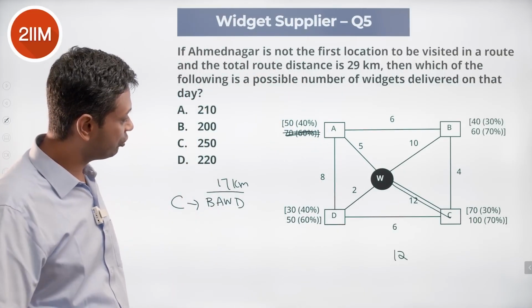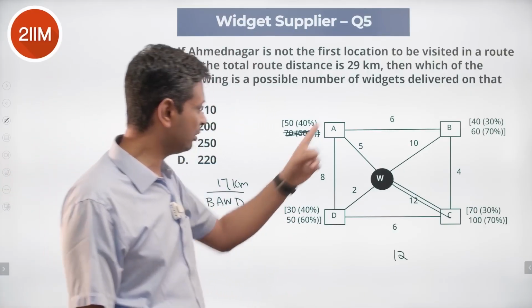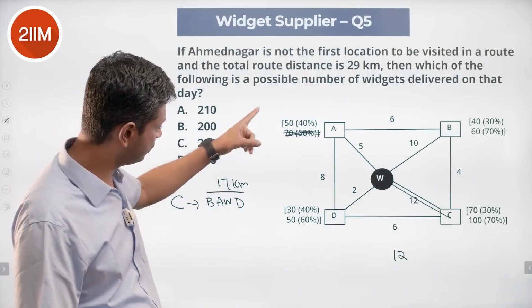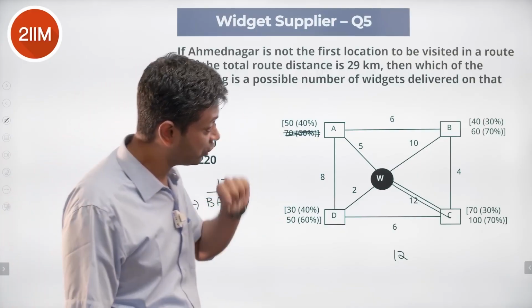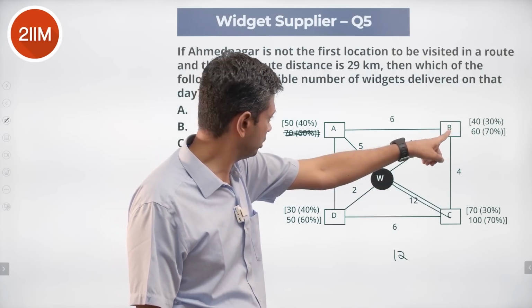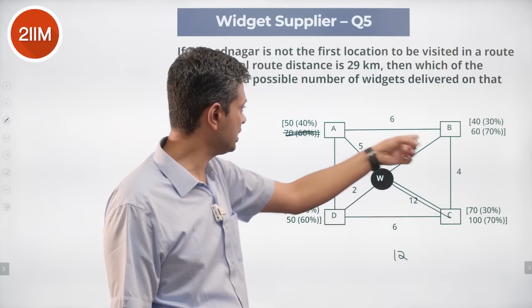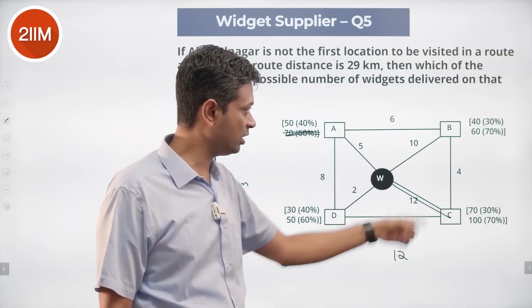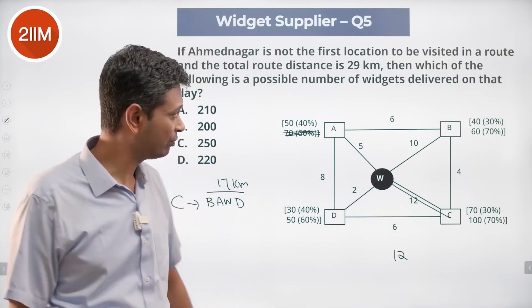Right? From C, I could be forced to go to between D and B. Next step. If this were 50, D could be 50, B could be 60. If I went to 60 here, then I would go to 50 here before coming here. C, D, A, W, D. C, B, A, W, D. That's a possibility. One beautiful possibility.